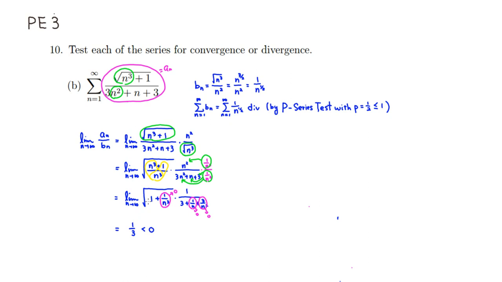So the ratio between an and bn is about a 1 to 3 ratio. Whenever one diverges, the other one diverges, and whenever one converges, the other also converges. In this case, the one we're comparing with diverges, so the original one also diverges.